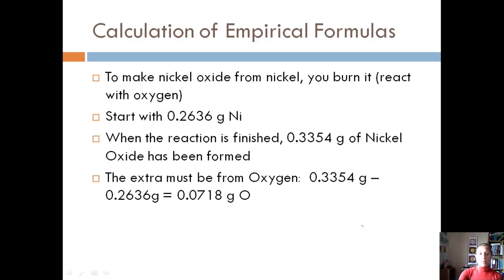We know we reacted it with oxygen, and so that extra mass in our product, our nickel oxide, must be from oxygen. So to find the amount of oxygen, we take the total product minus our nickel. So here's our nickel oxide, and here's our nickel, and that gives us our grams of oxygen.